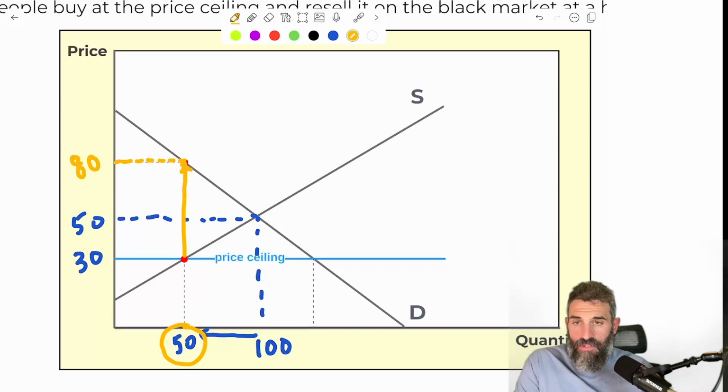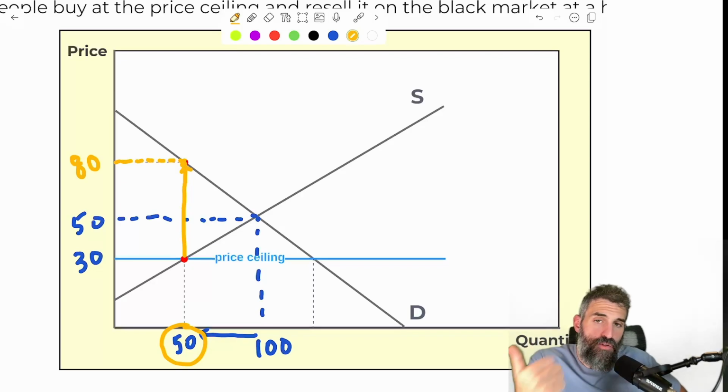Let's call it $80. So I'll repeat that. At a price of $80, there are actually people who are willing to buy this product. In fact, the amount would be 50. Think of it as there's 50 people that would be willing to pay $80. Let that sink in. At a price of 80, there's 50 people that would be willing to buy.